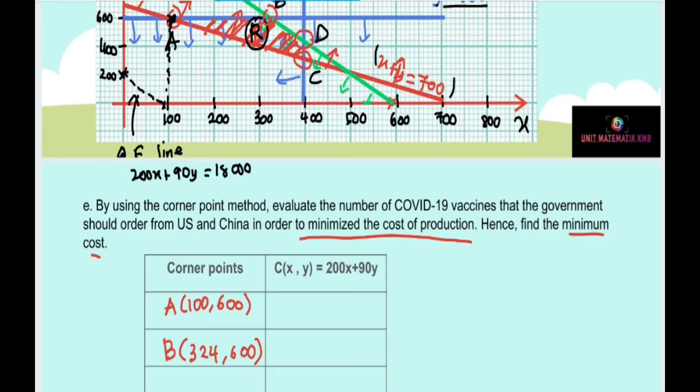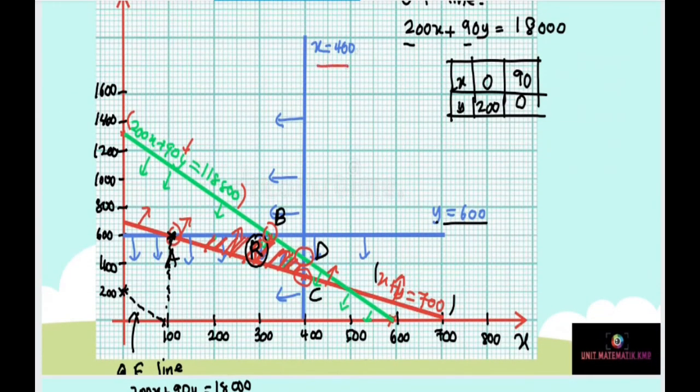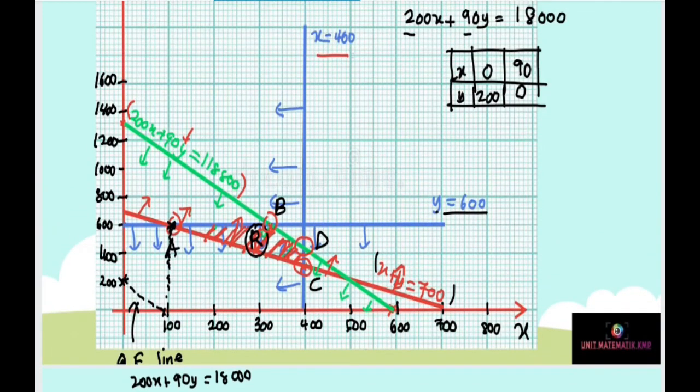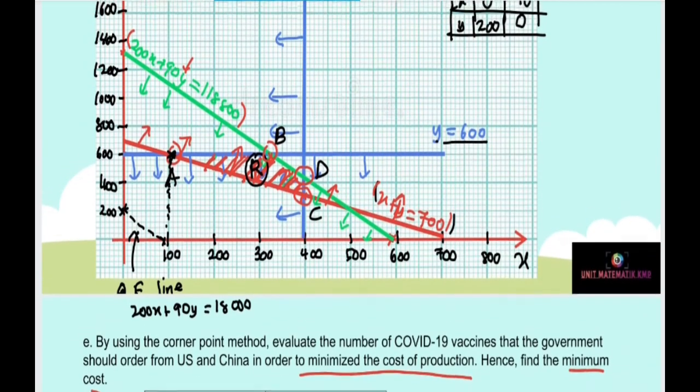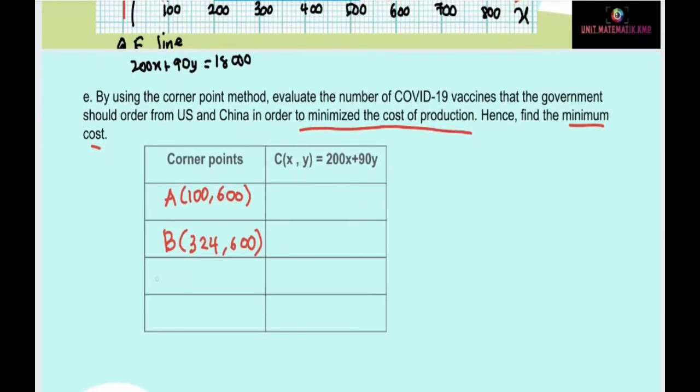Okay, and then C is the point that intercepts between the blue line and the red line. We know that the blue line is x equals 400, so we already know the value of x here. But for the value of y, we need to substitute x equals 400 into the red line equation. So we will get y equals 700 minus 400, which equals 300. So point C is 400, 300.